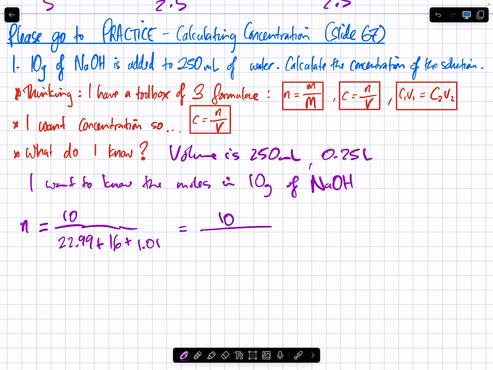10 over... comes to... Rounding to 2 decimal points, it comes to 40, which is pretty well 40, isn't it? To 3 decimal points it's 39.99, but let's just go 40.